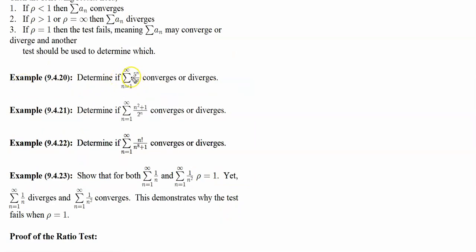So for this example, we want to determine if the series of 5 to the n divided by n factorial converges or diverges. So to apply the ratio test, in this case the a_n's are equal to 5 to the n over n factorial, and a sub n plus 1, that's just going to be 5 to the n plus 1 divided by n plus 1 factorial.